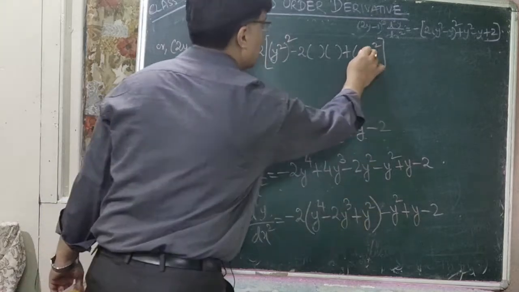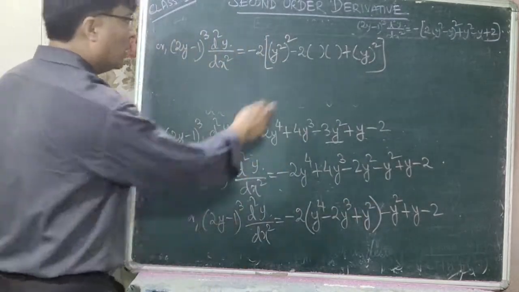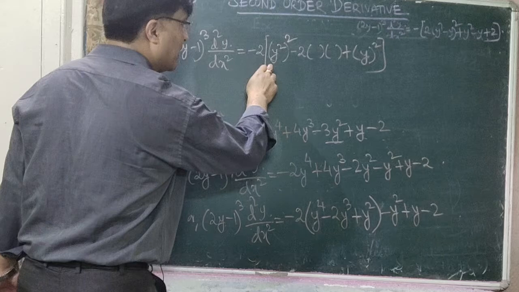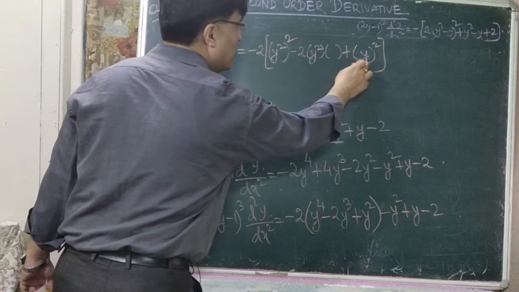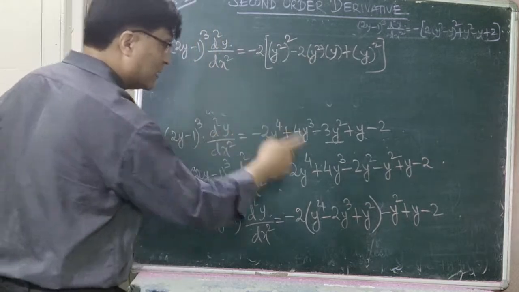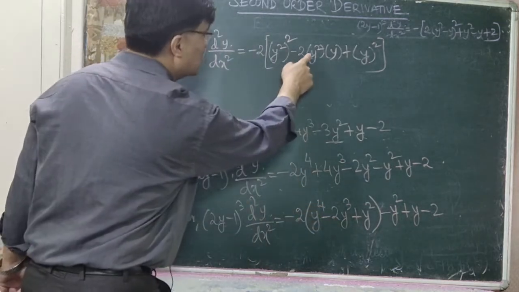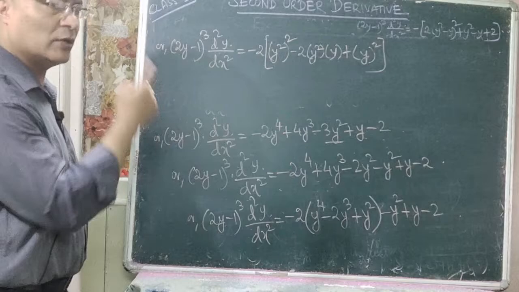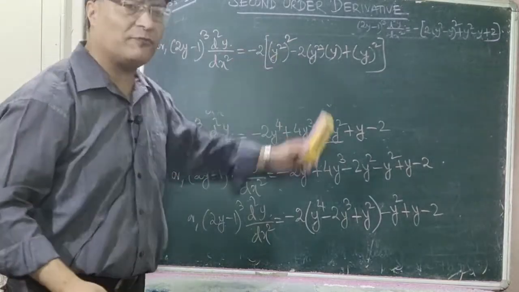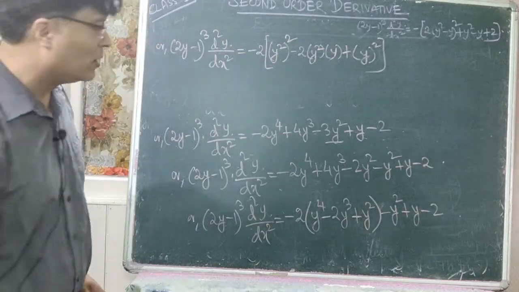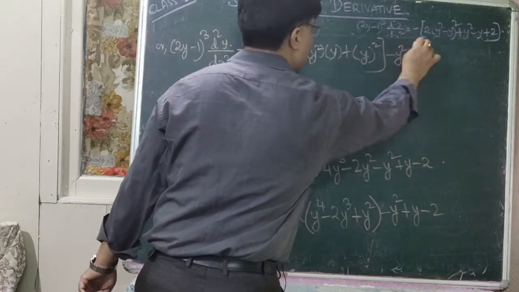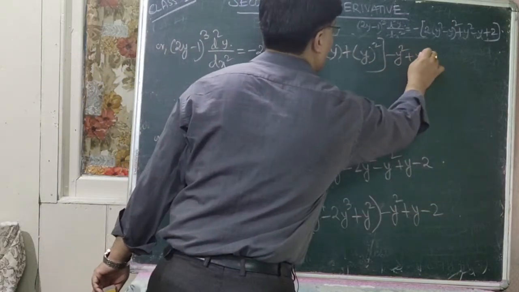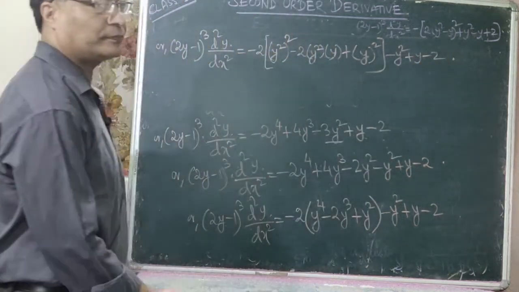Since y square is there, you have to write y here. This is the place for a. What is the value for a here? Y square. This is the place for b. What is the value for b here? This is y. So we are getting the middle term also, minus 2y cube. So we have expressed it in the form of a square minus 2ab plus b whole square. Then write down the last 3 terms, minus y square plus y minus 2.